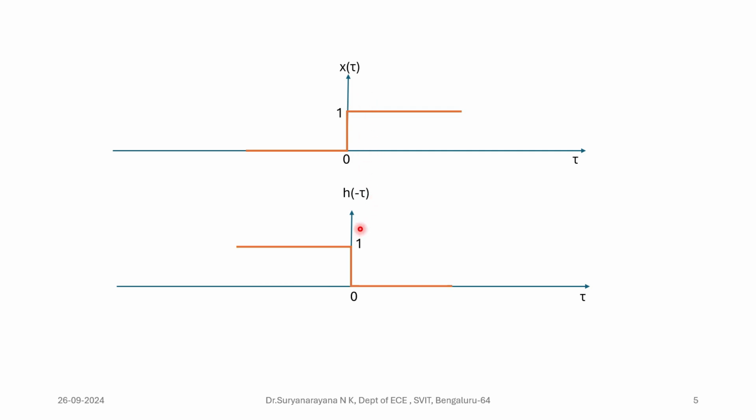In the third step, retaining the first signal as it is, we flip the second signal for t equal to 0.